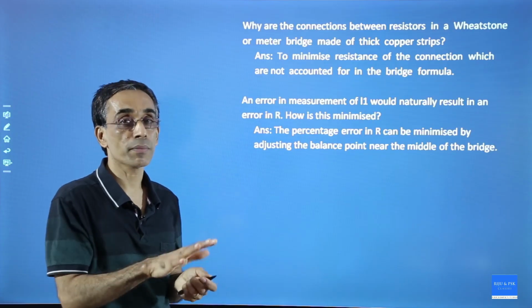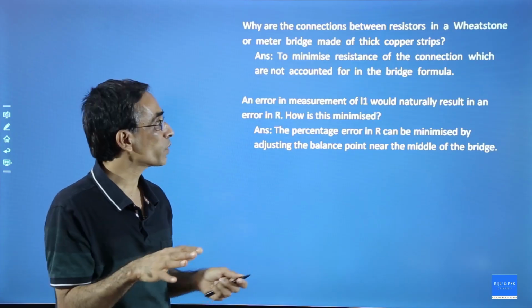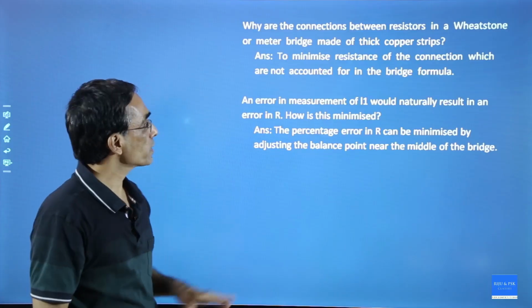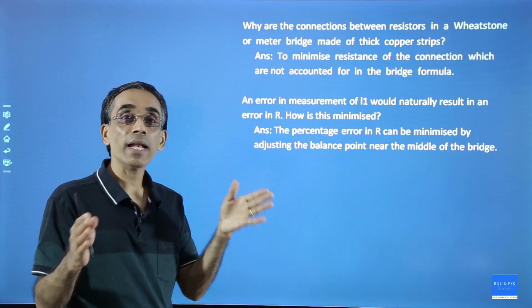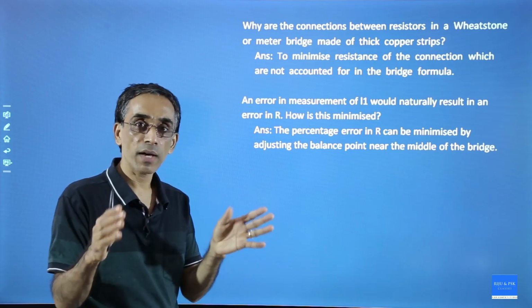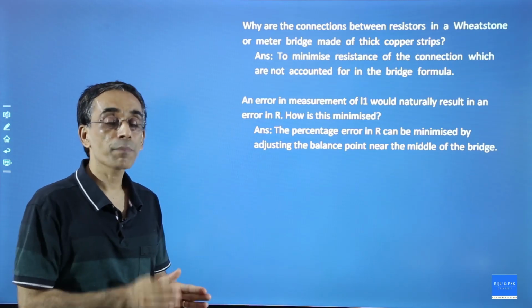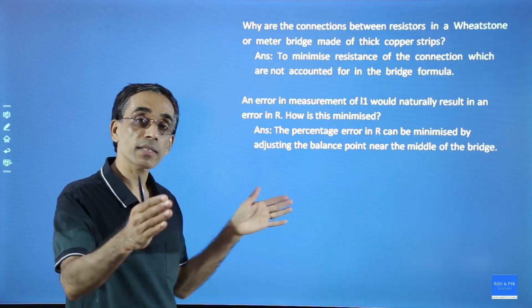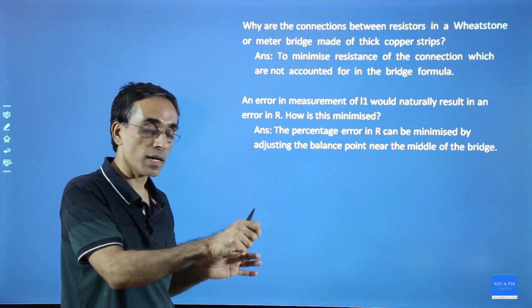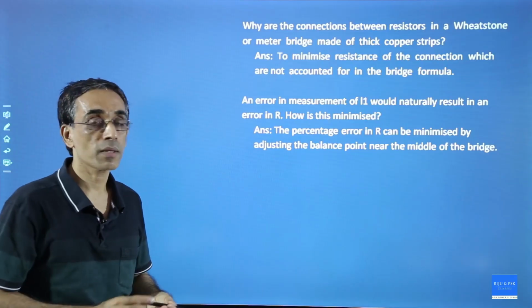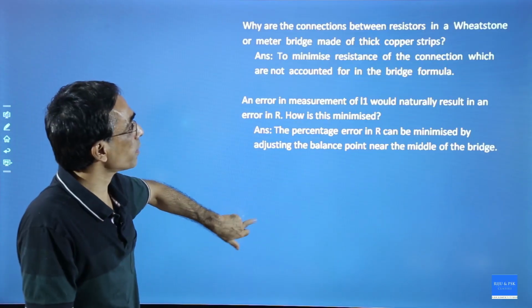This should be minimum to get the correct answer. That is why we use thick copper strips and screws. Second one, there will be end errors, like the measurement will have some errors. To minimize error, the balancing length must preferably be at the midpoint. So, the wire is 100 centimeter long, you should take the balancing length at the center. These are the two questions that can generally be asked in theory examinations.